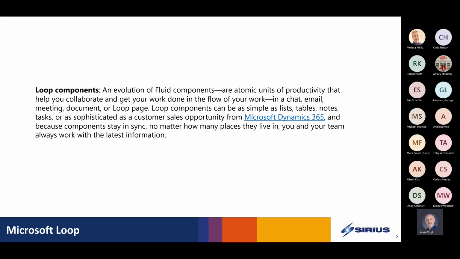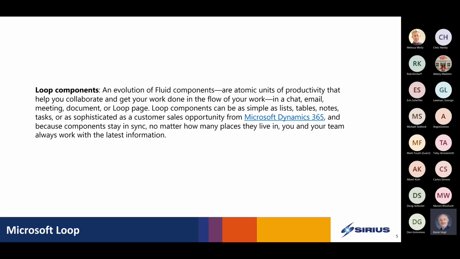So with Loop, you'll be able to take information that you plug into chat or emails or meetings and basically take that information and put it in one cohesive place so that you can have that information for all these different applications. And if you're a Dynamics user, this is even more pertinent, because as you plug in information, for instance, about vendors or clients into Microsoft Dynamics, that information can sync up now with many other places inside of Office 365.